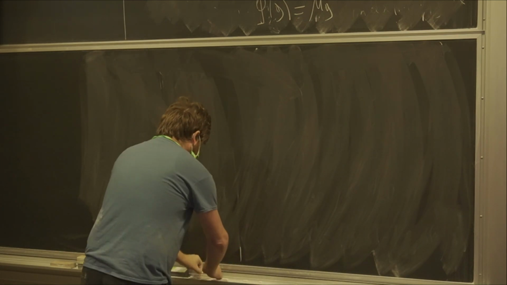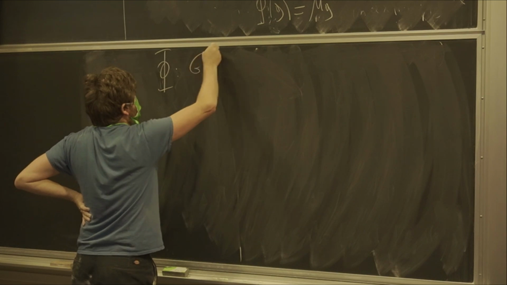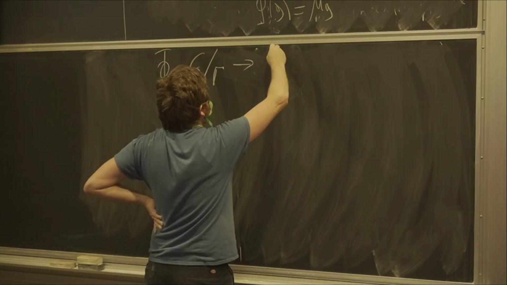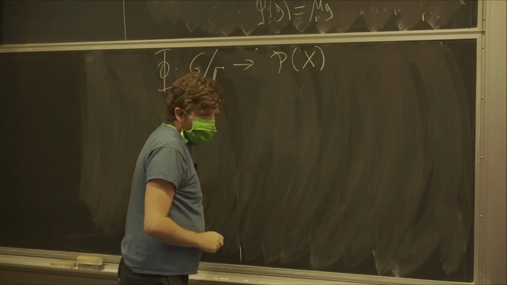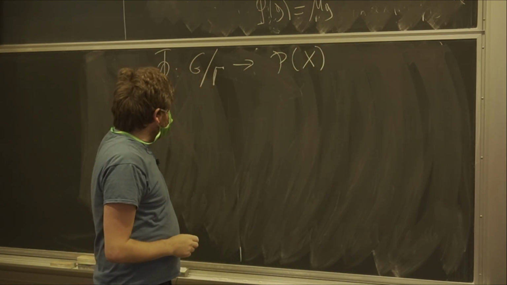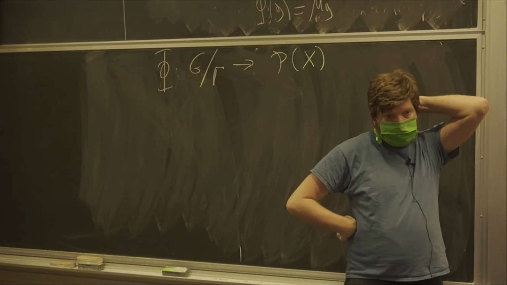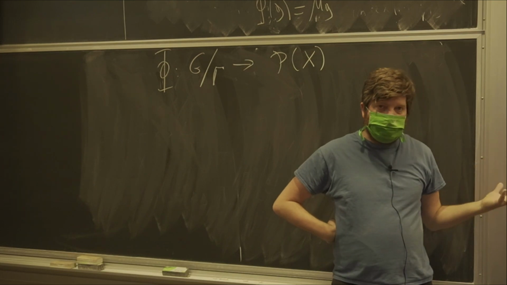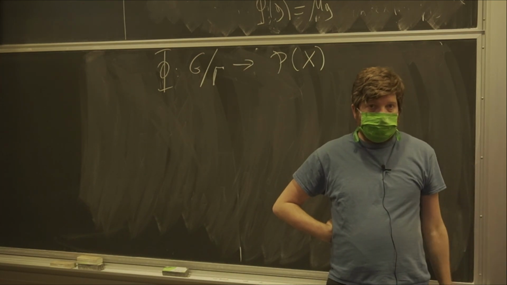Let me remind you here, into P of X, probability measures on X. And what I wrote before is about any measure. So as soon as lambda is the projected measure, this is true for every measure. Okay, so that's the disintegration.